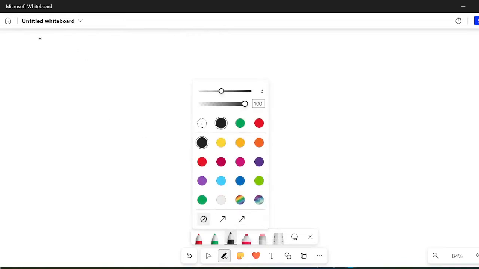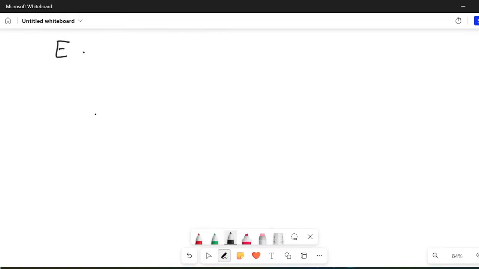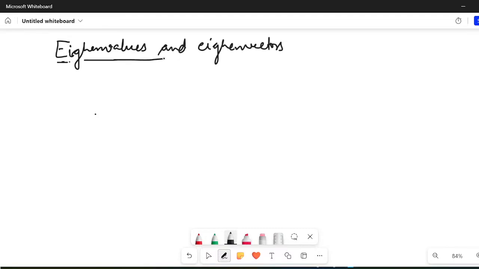So now let us do eigenvalues and eigenvectors. The remaining discussion on row transformations and column transformations, rank and system of equations we'll do later on.